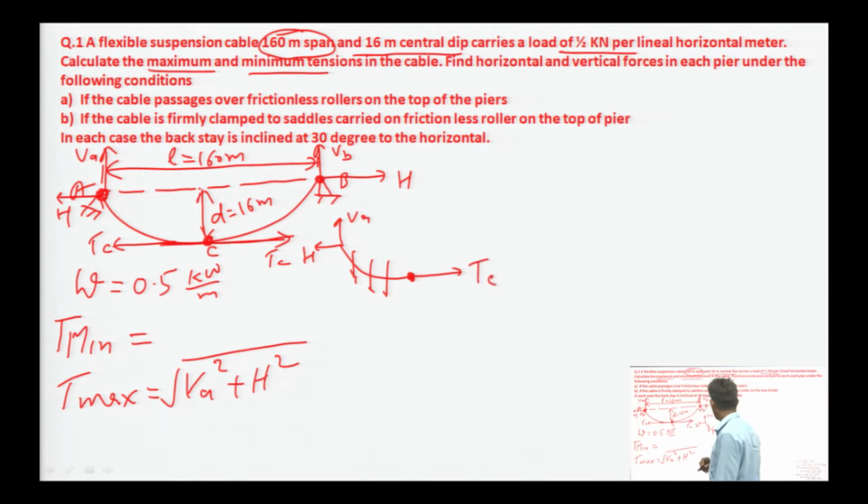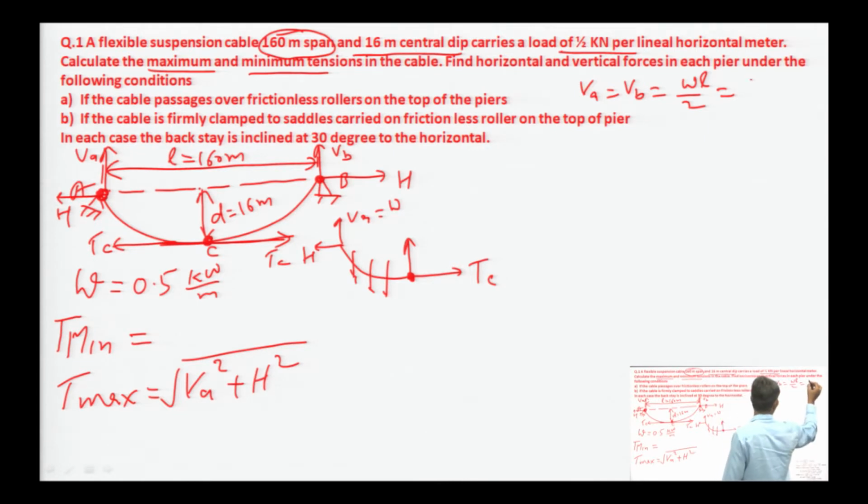So, apply the equilibrium equation. What will you get? You will get the vertical component here. We know that the values of V A and V B in this case will be W L by 2 due to symmetry. We can calculate the value. How much is that? 1/2 into L, which is 160, so it is 80 by 2, means 40 kilonewton.